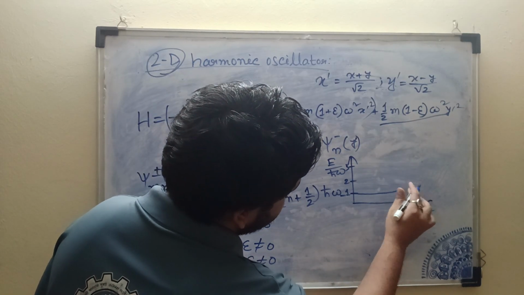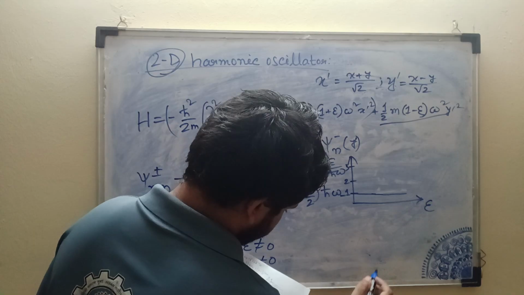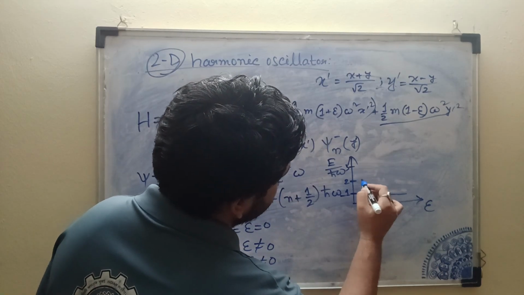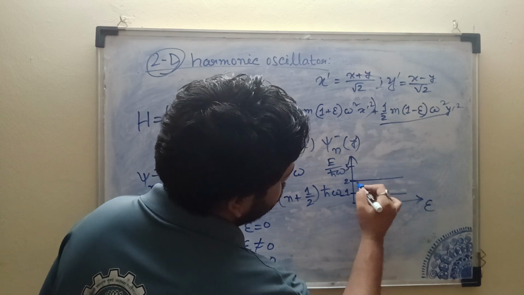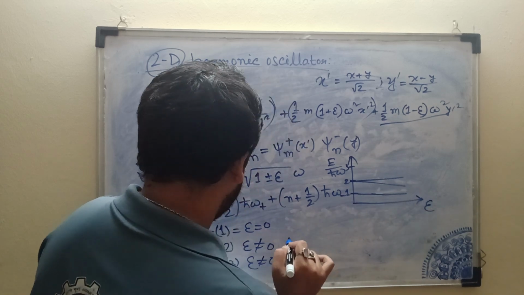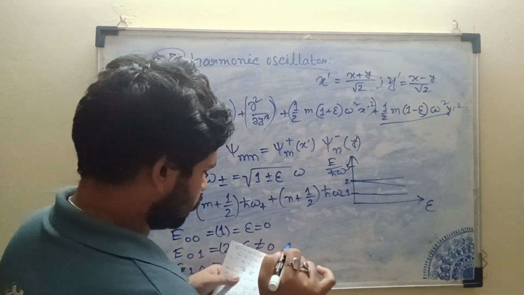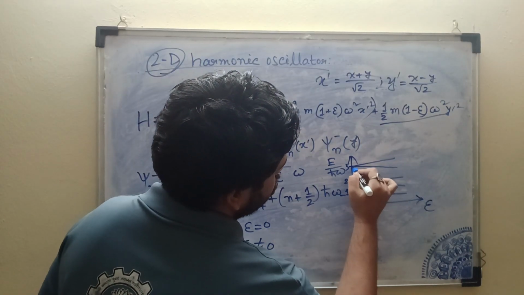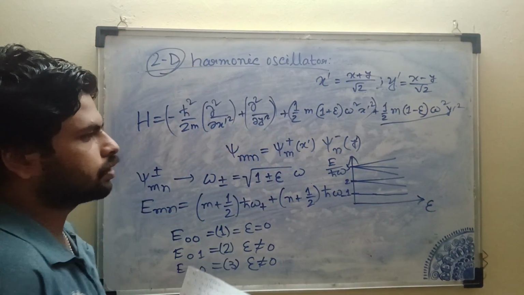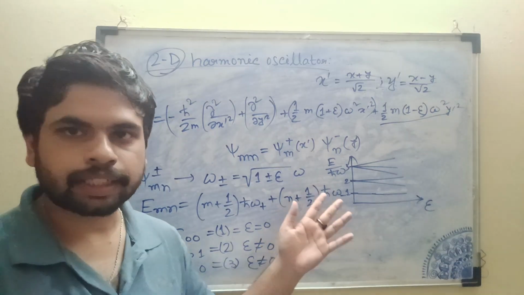When there is no perturbation, this is simply a straight line. When there is a perturbation, states 0,1 and 1,0 will be doubly degenerate, and the case 3 will split into 3 degenerate states here.